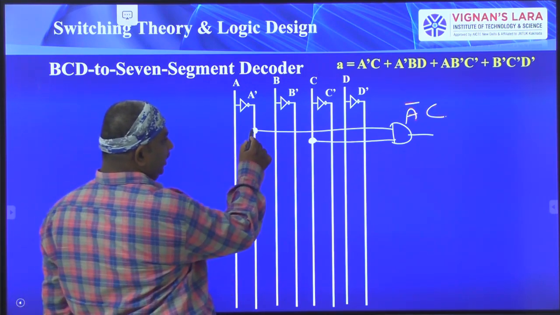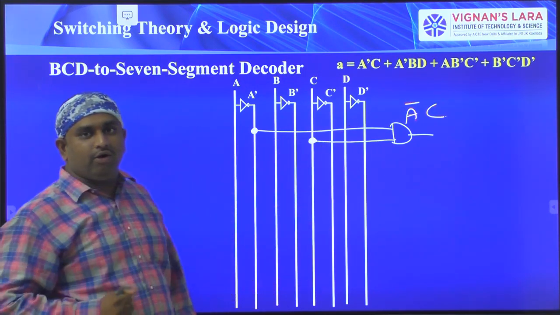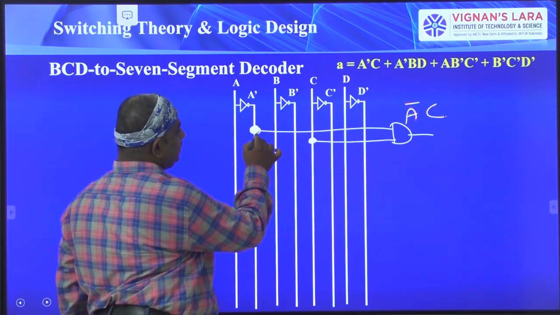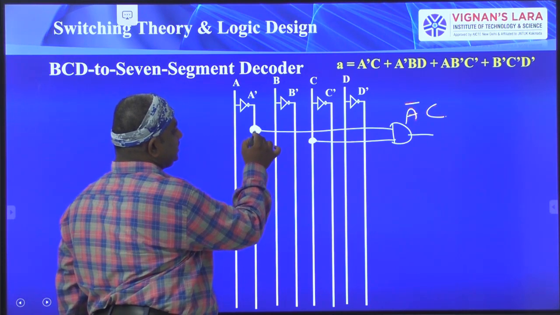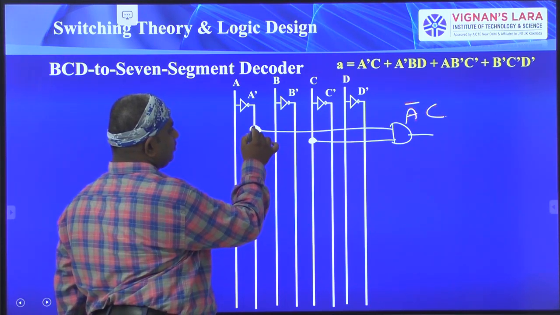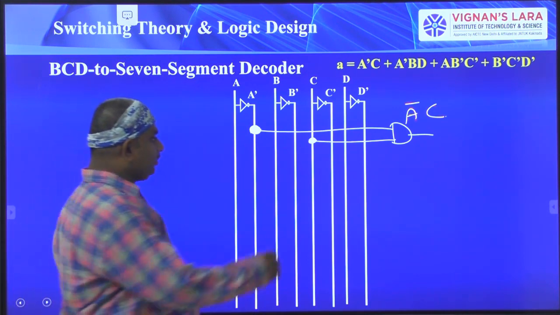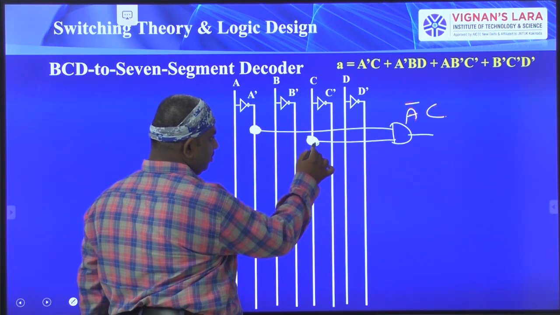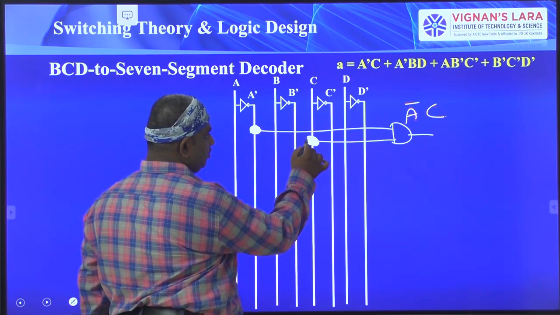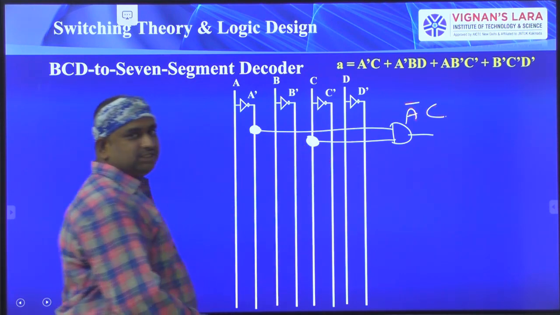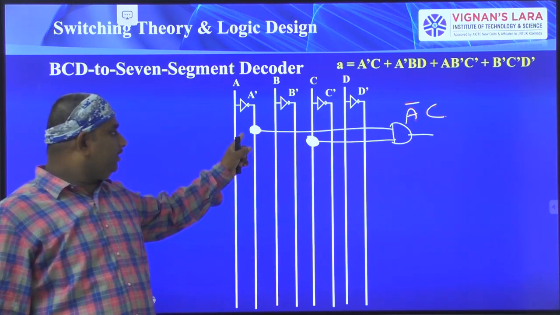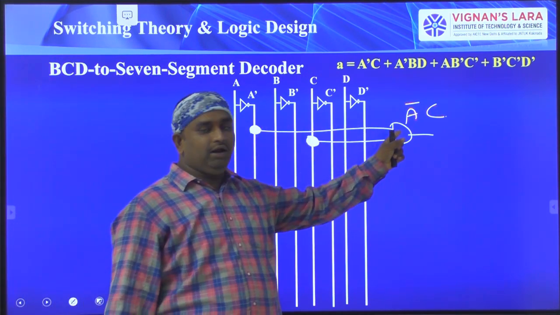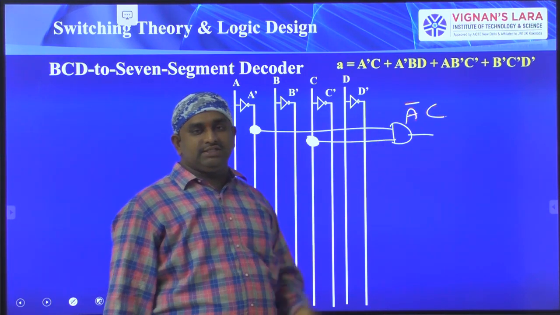This line crosses all the lines, but wherever this node is present, only there the contact exists. So this is the contact for A bar, and this is the contact for C. The A bar line comes here and C comes here, so I have framed an AND gate. So this is A bar C.